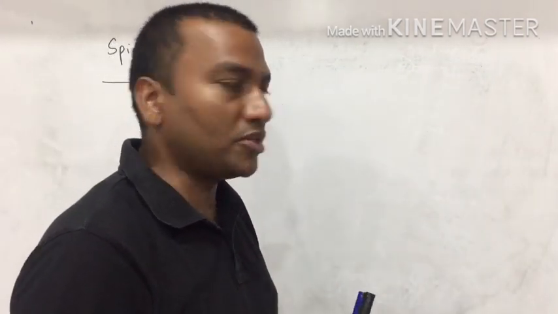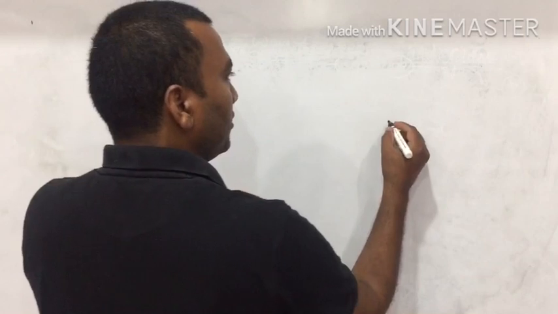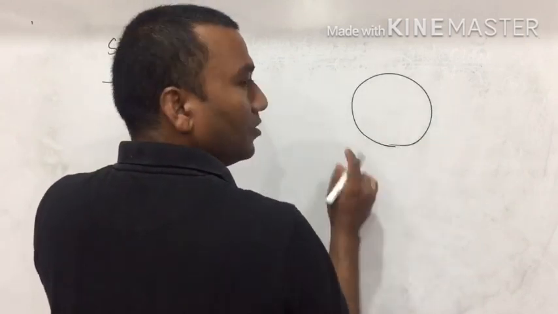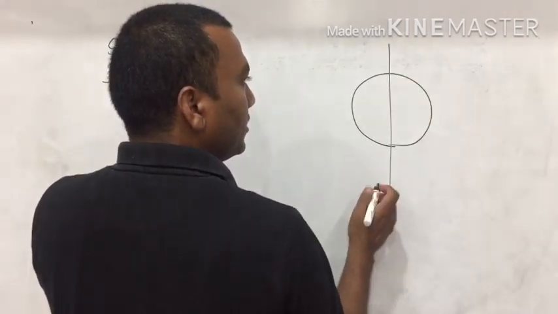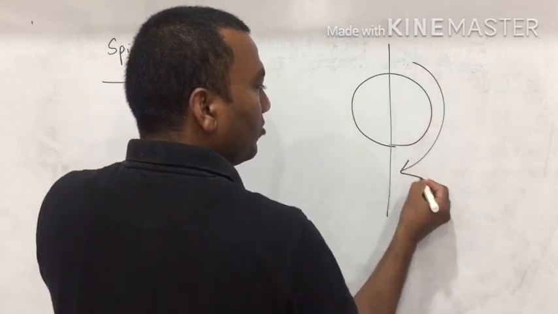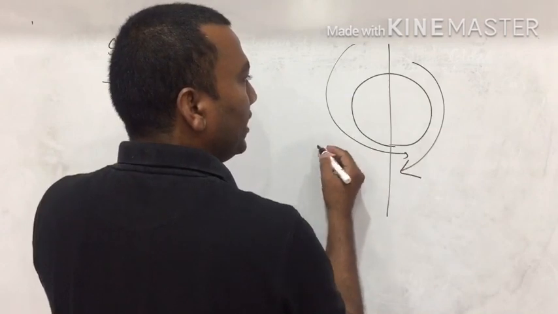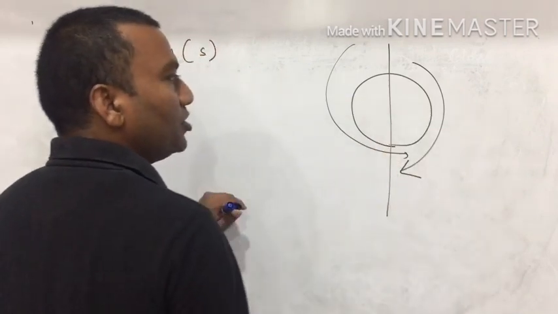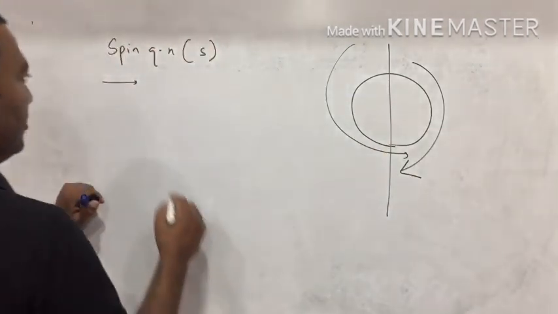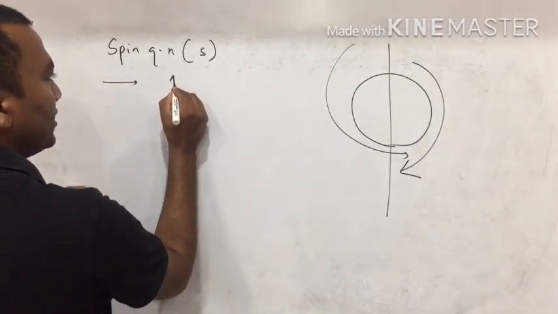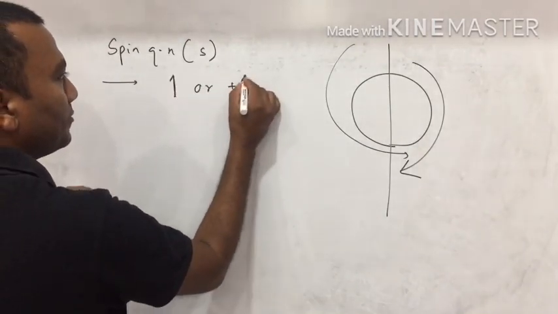So spin quantum number says, suppose this is the axis. One electron cloud is moving in clockwise and another in anti-clockwise. The electron moving in clockwise direction is represented by an up arrow or plus half.